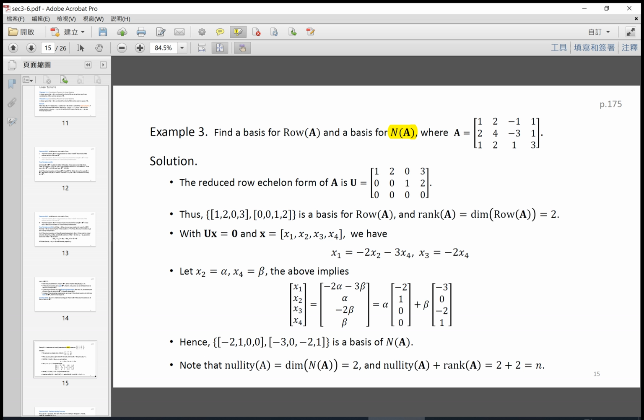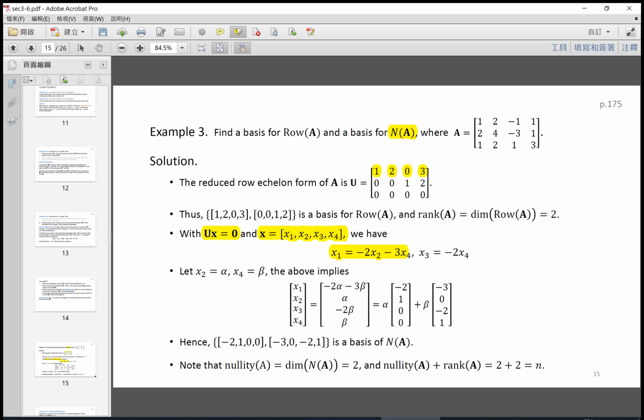Now we denote x as x1, x2, x3, x4. From Ux equals 0, we have 1 times x1 plus 2 times x2 plus 0 times x3 plus 3 times x4 equals 0, which is the first equation.